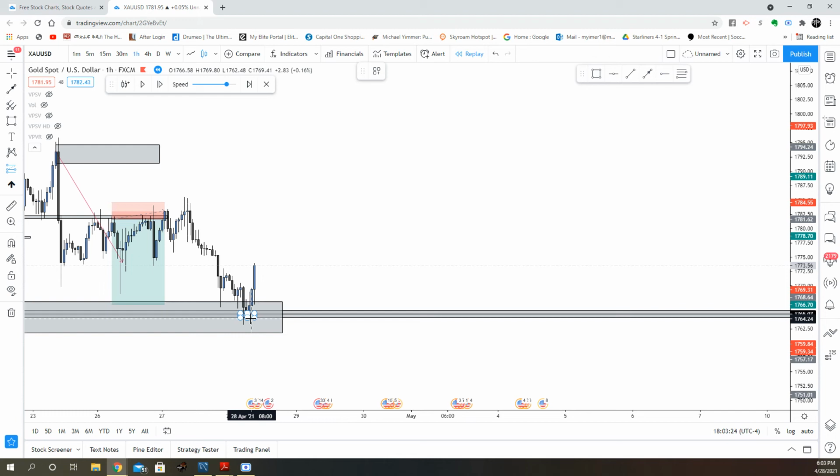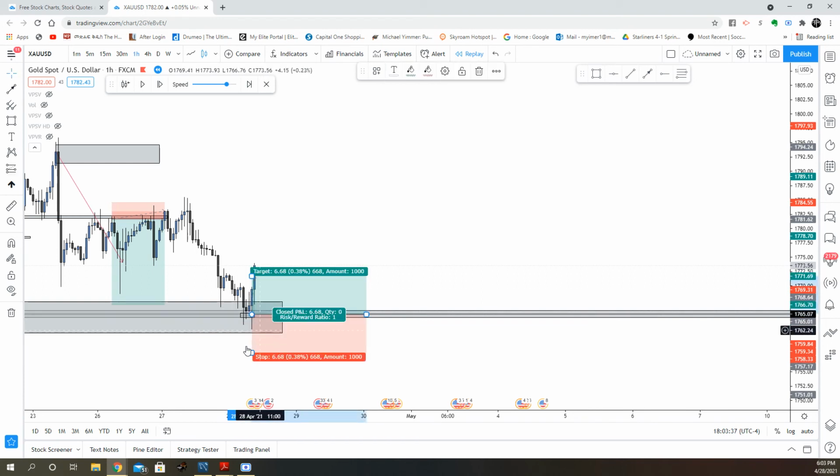Mostly, it likes to spike through your zone, but I would definitely go to the intended direction. So your entry can be right here.